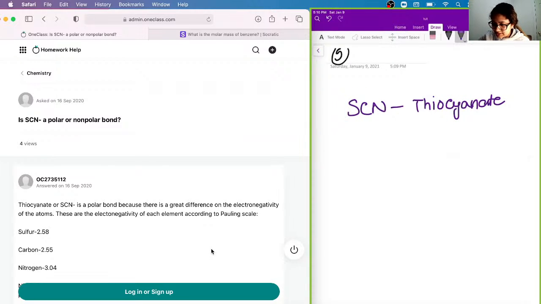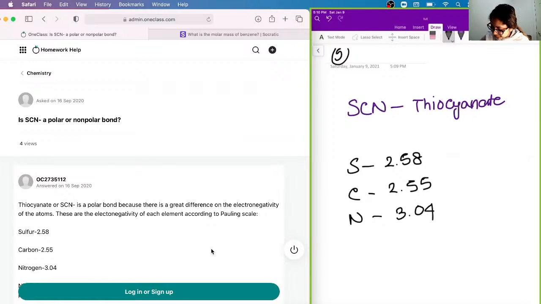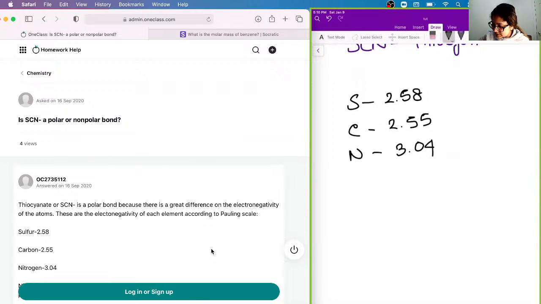This is a polar bond because there's a great difference in the electronegativity of the atoms. We know that there's sulfur, carbon, and nitrogen. Sulfur has an electronegativity of 2.58, carbon has 2.55, and nitrogen has a higher electronegativity.